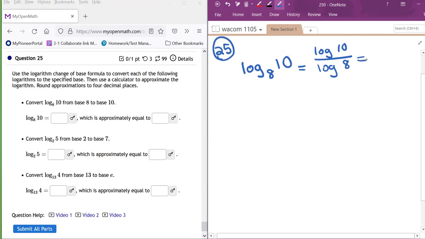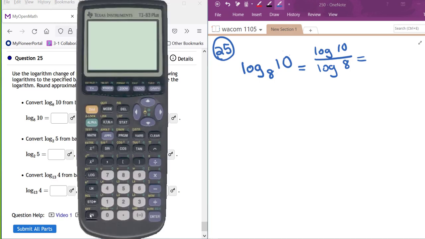So this is where you would pull up a calculator. So we're going to do the log of 10 divided by, and you do want to close that parentheses, the log of 8, close and enter.